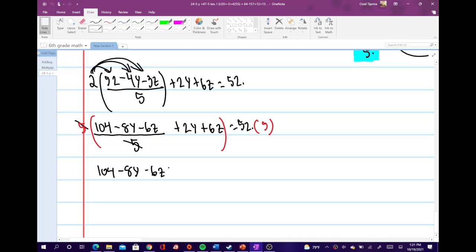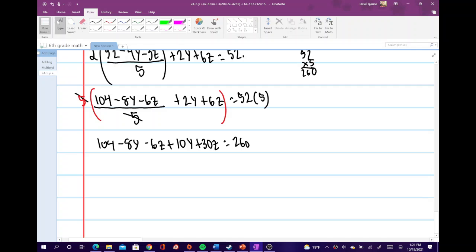So we're going to have plus 10y plus 30z equals, and then 52 times 5, not 5z. 52 times 5 is, I think, 260. Yeah, 260.